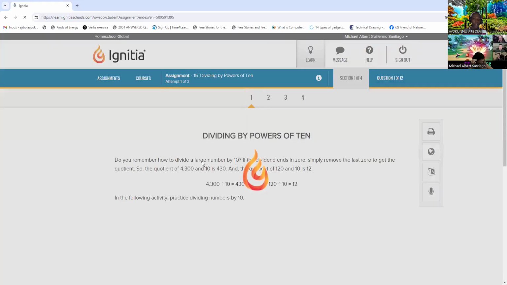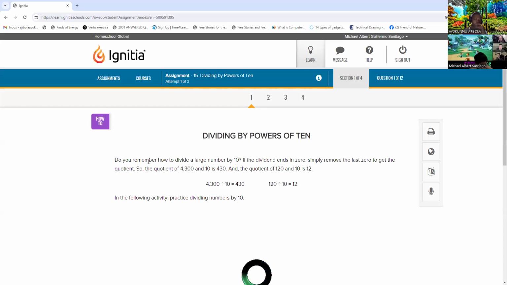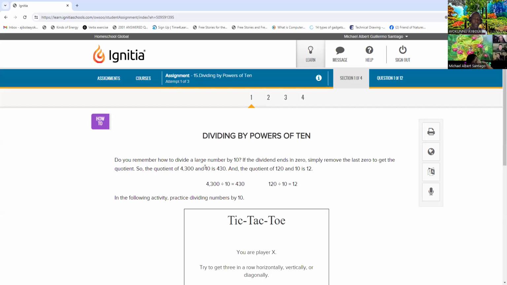All right. So it says, do you remember how to divide a large number by 10? If the dividend ends in 0, you simply remove the last 0 to get the quotient, okay? So the quotient of 4,300 and 10 is 430.